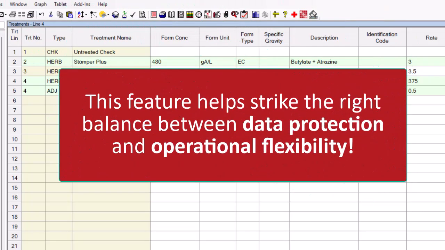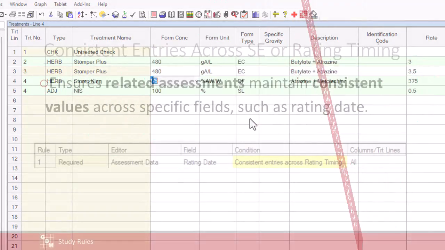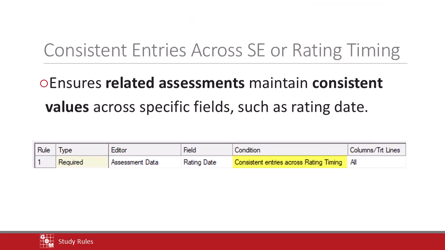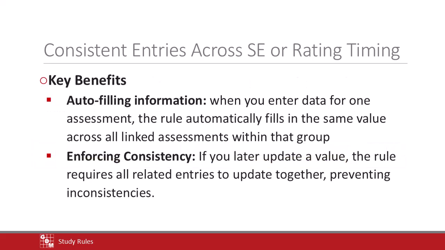This feature helps strike the right balance between data protection and operational flexibility. The study rule, consistent entries across SE or rating timing, ensures that related assessments maintain consistent values across specific fields, such as rating date. It provides two key benefits. 1.